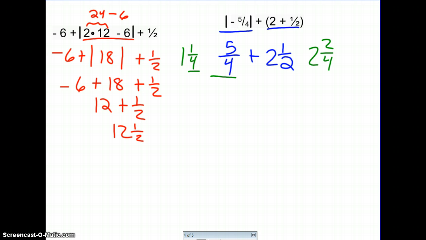I add the 1/4 plus the 2/4, that gives us 3/4. And then the 1 whole plus 2 wholes ends up being 3. So we end up with 3 3/4. A few of you may work through this and end up with its equivalent improper fraction of 15/4. So that essentially is today's lesson.